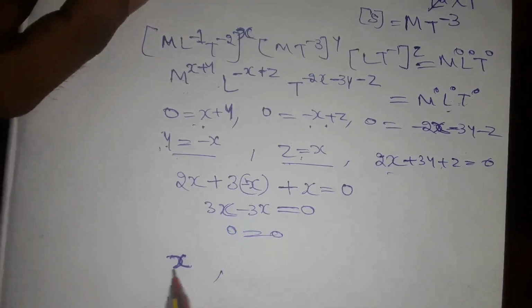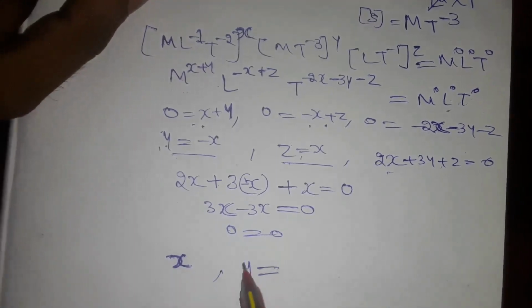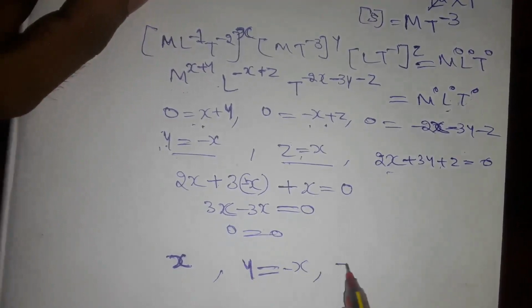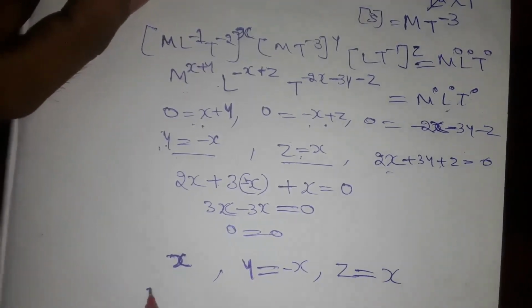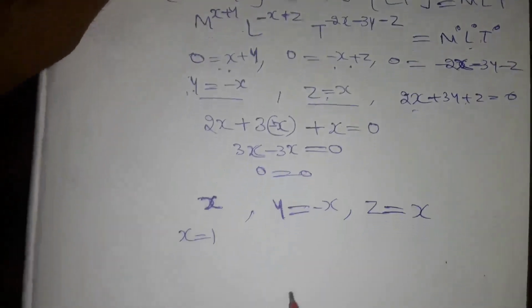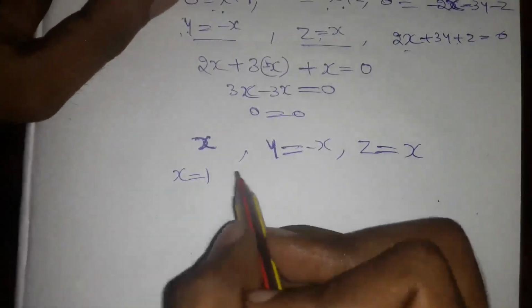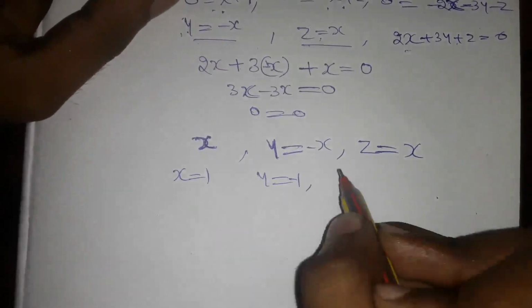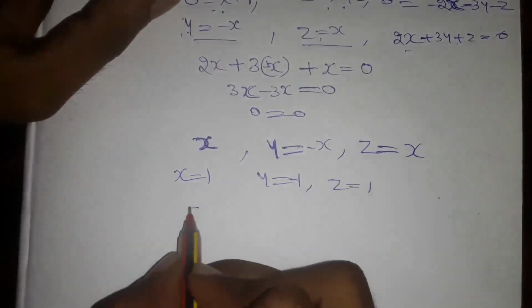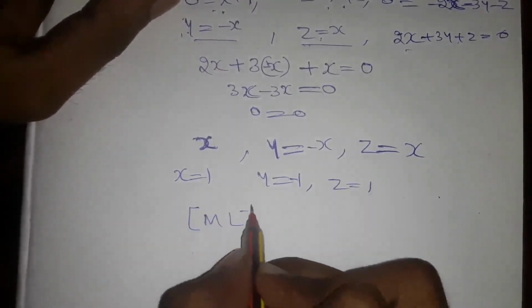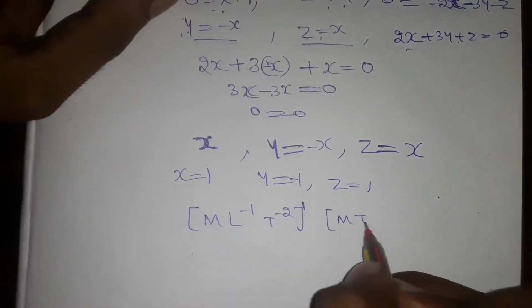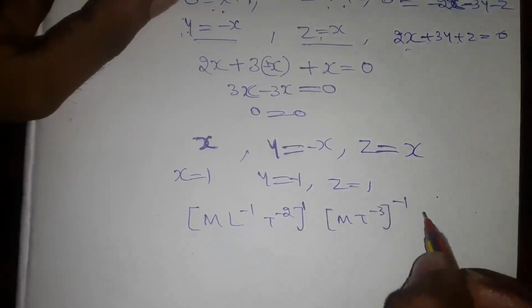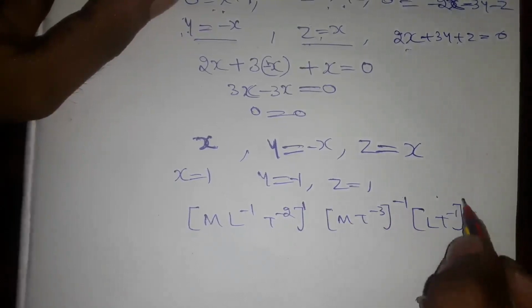For a given value of x, the value of y will be minus x and the value of z will be x. So if we take x is equal to 1, we can check the equation. y is equal to minus 1 and z is equal to 1. We can test this here: (ML^-1T^-2)^1 (MT^-3)^-1 (LT^-1)^1.